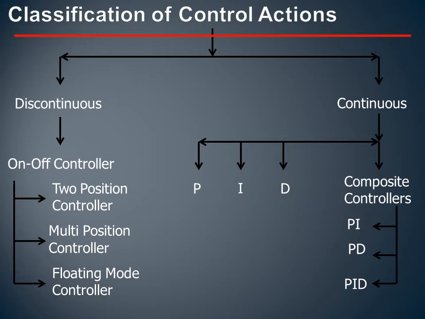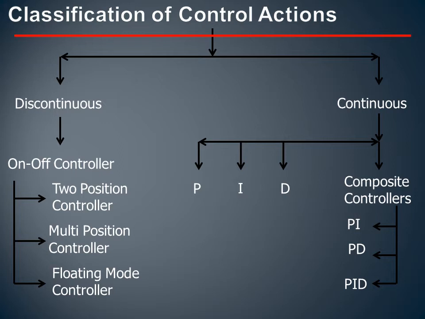The on-off controller can be two position controller, multi-position controller or floating mode controller. These are the three types of on-off controller, that is the discontinuous type of controller.